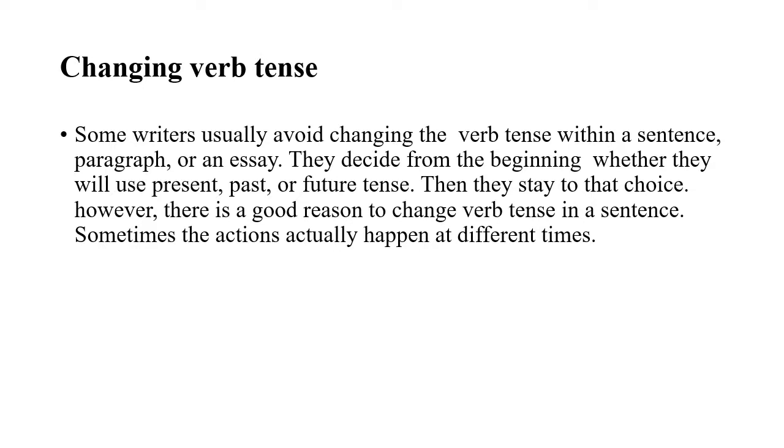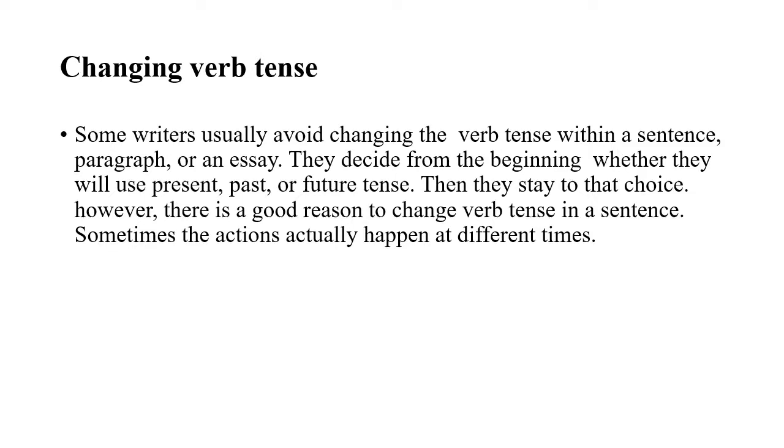But this is not the case always. Sometimes when I write an essay, I need to use all different tenses. I mean, sometimes I need to flash back to the past. I need to talk about facts. This is simple. I need to talk about activities that have just happened, which is present perfect. And I need to jump to the future.